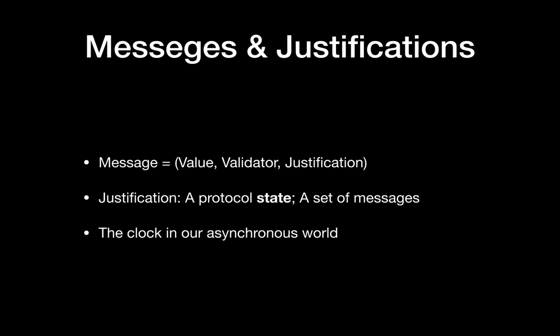And the reason we use justifications is basically there's no notion of time in this asynchronous protocol. So the way that we can have an order in this world is to just say, well, this message is based on that message, so we know that this message happened after the other message.